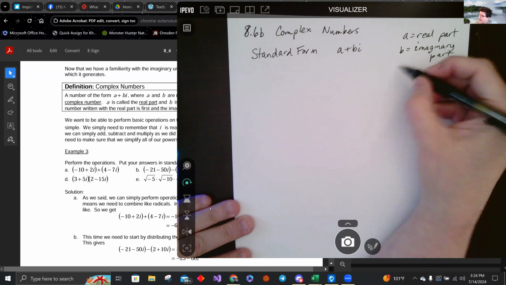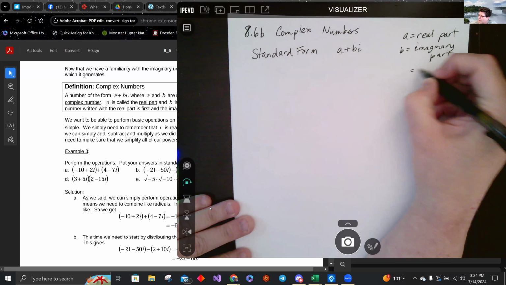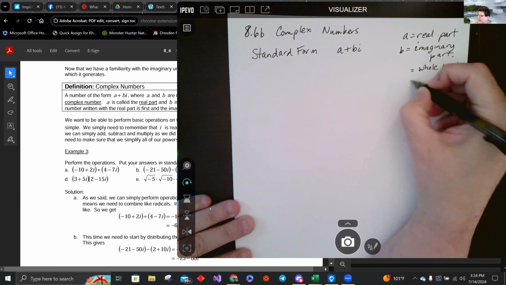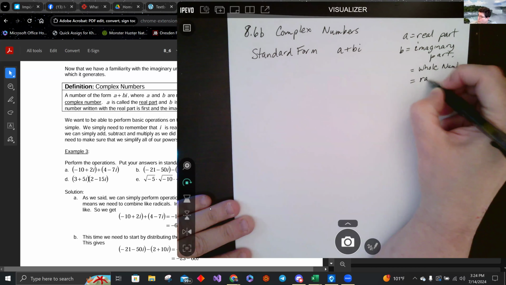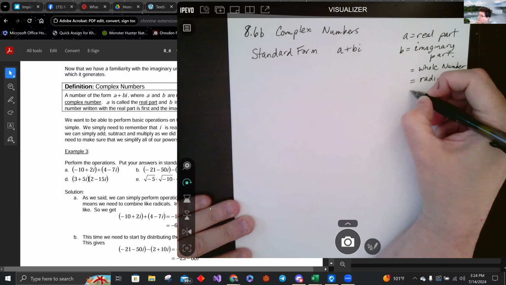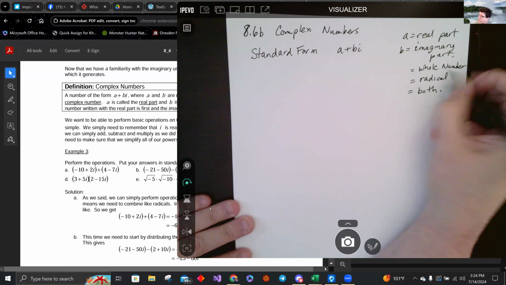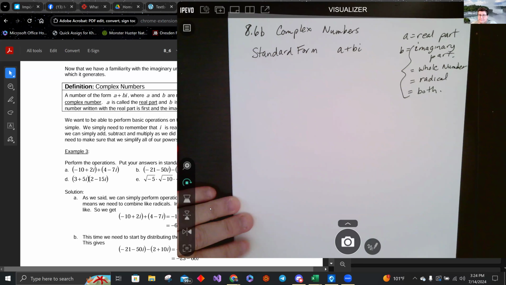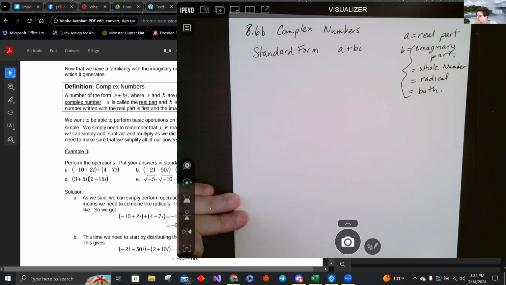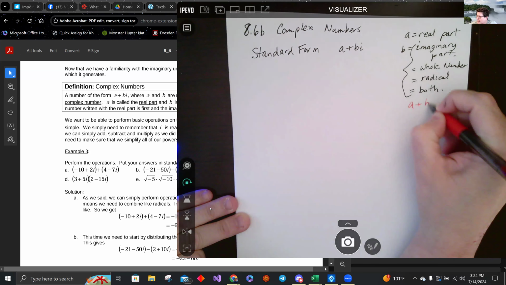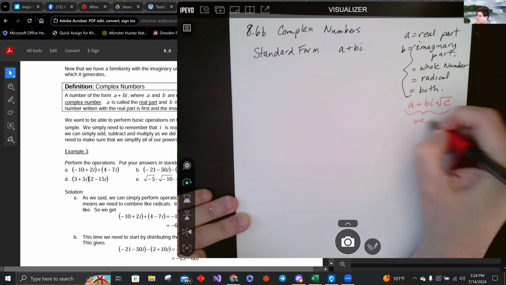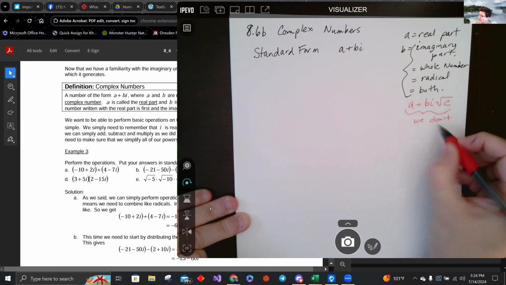Now, b can be something just like a whole number. It can be a radical or both. A better way of looking at this or thinking about this is a plus bi root c, but we don't do the generic form like this.